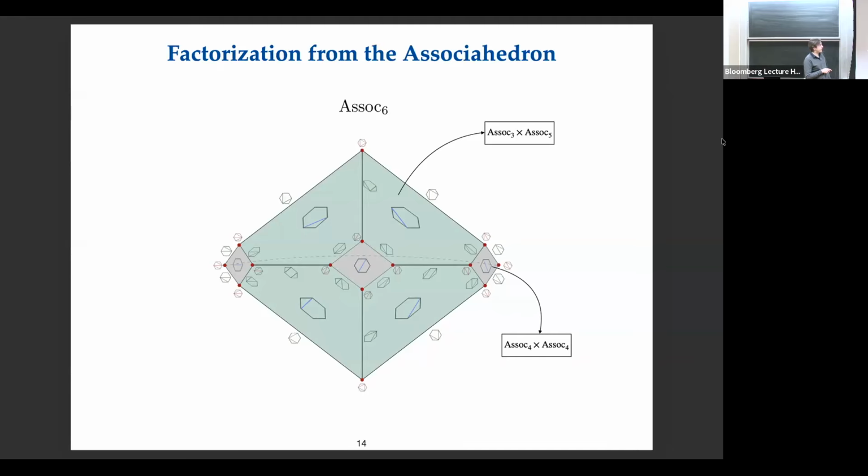The associahedron for a triangle is just a point, and the associahedron for a pentagon, as we saw before, is a pentagon, which is just a coincidence. So this facet will be a pentagon. For this other one, it splits into 2 squares, so it's the associahedron of 4 points times itself, which would be 2 segments, so this becomes a square. This is exactly the type of factorization structure you have in scattering amplitudes.